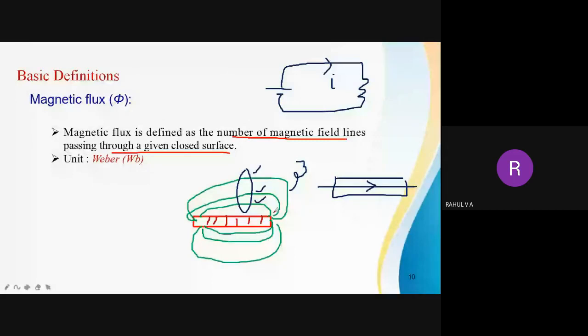If you take a particular closed surface, the number of magnetic lines of force passing through a given closed surface is the flux. So there are three. If you look at this diagram, you can see that 3 magnetic lines of force pass through that area. So flux is 3.